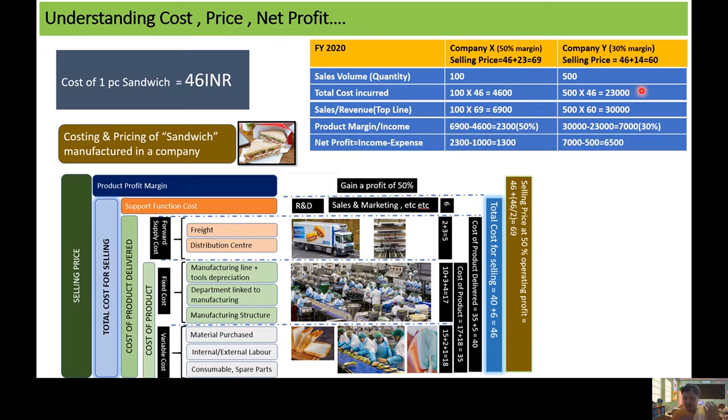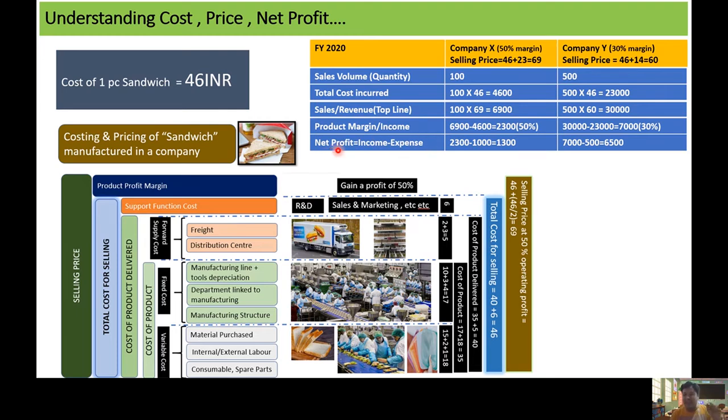So now we came to the most interesting part, and I want 100% attention on this part. If you want to calculate the net profit of company X and company Y, one activity to be considered is the expense incurred by both companies.